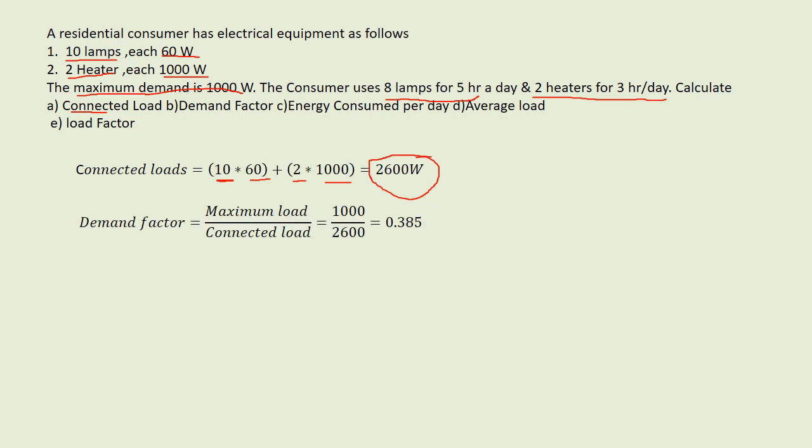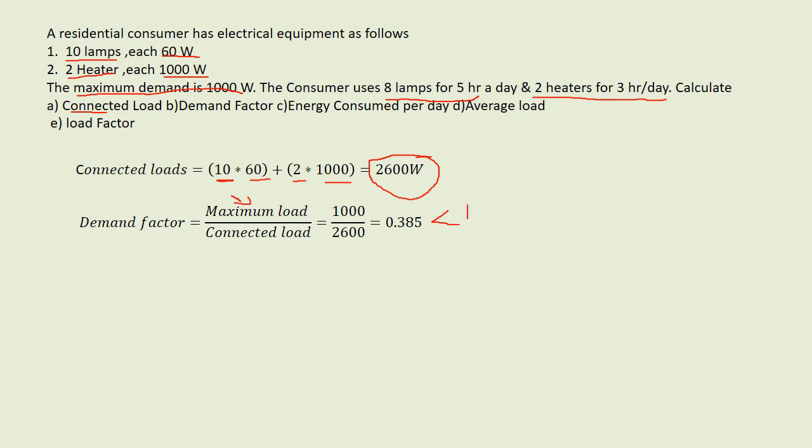I have already told you that demand factor is the ratio of maximum load upon your connected load. The maximum load is 1000 watt, so 1000 watt divided by 2600 will give you 0.381. I have told you in the previous slide that it will always be less than 1.